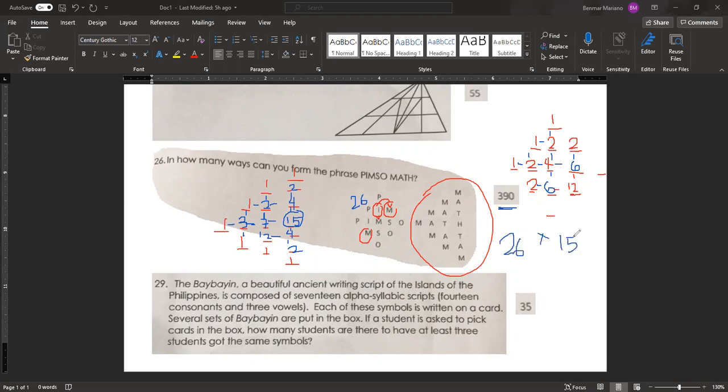Pero I don't know what happened to my solution kasi I'm doing the right thing. In here, if we follow this, it must also be 6. I don't know why I put 6 or how I put 7 or 6 here. I erased my solution, pero the concept is the same. Then after that, you're just going to add the numbers here.